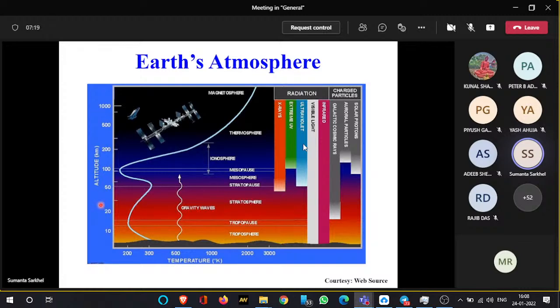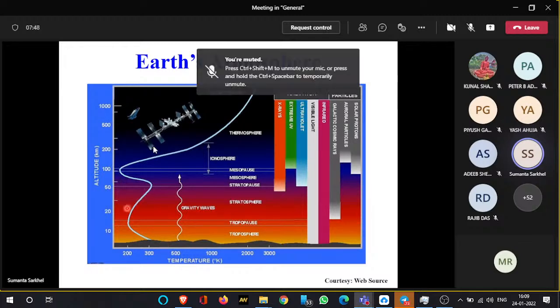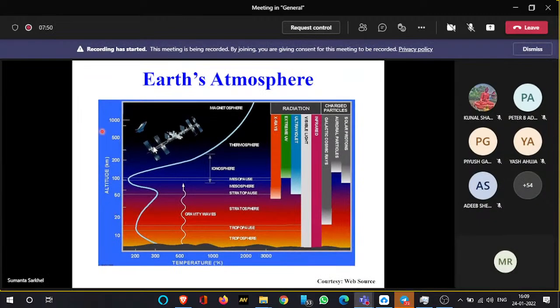Normally in atmospheric physics, we plot altitude on the vertical axis to visualize that if you go vertically, you are gaining altitude. Whenever there is a change in altitude, there will be a change in parameters.